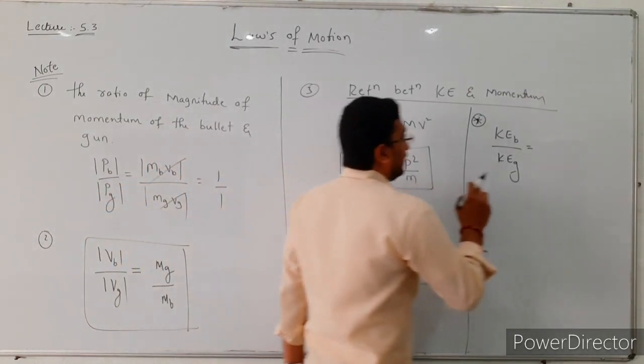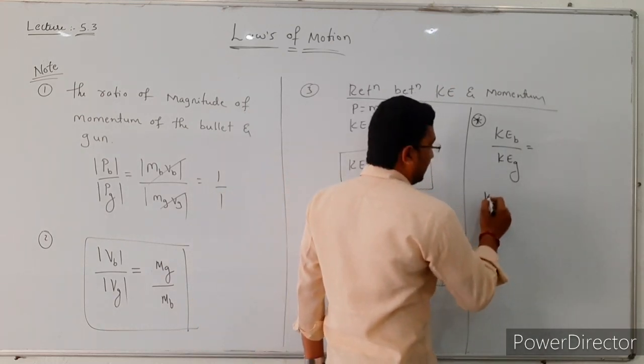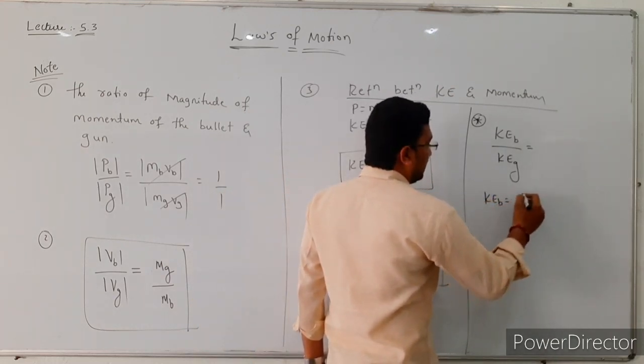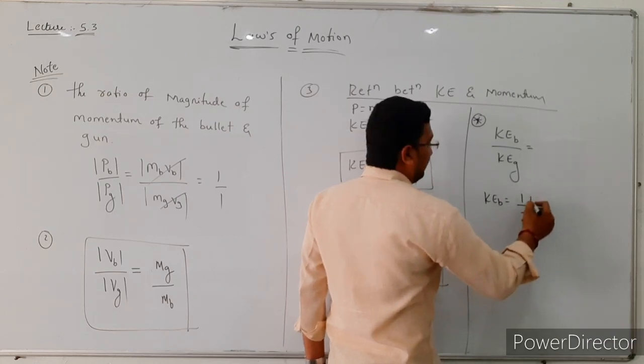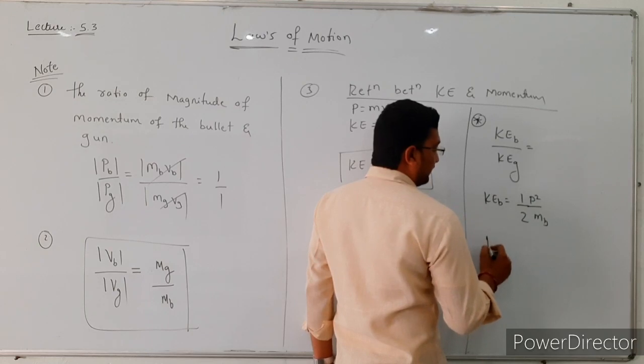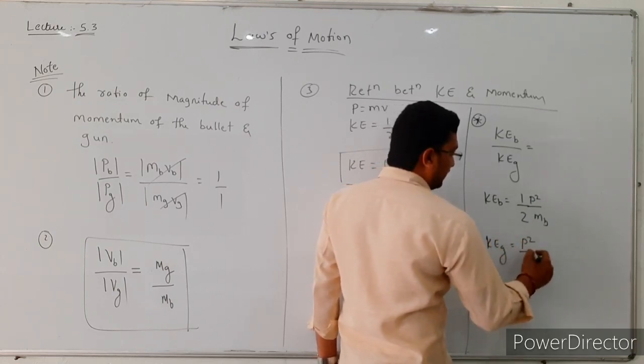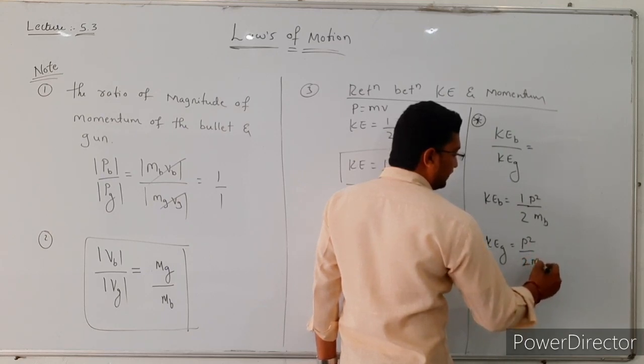So the kinetic energy of the bullet is 1/2 p square divided by the mass of the bullet, and the kinetic energy of the gun is p square divided by 2 into mass of the gun.